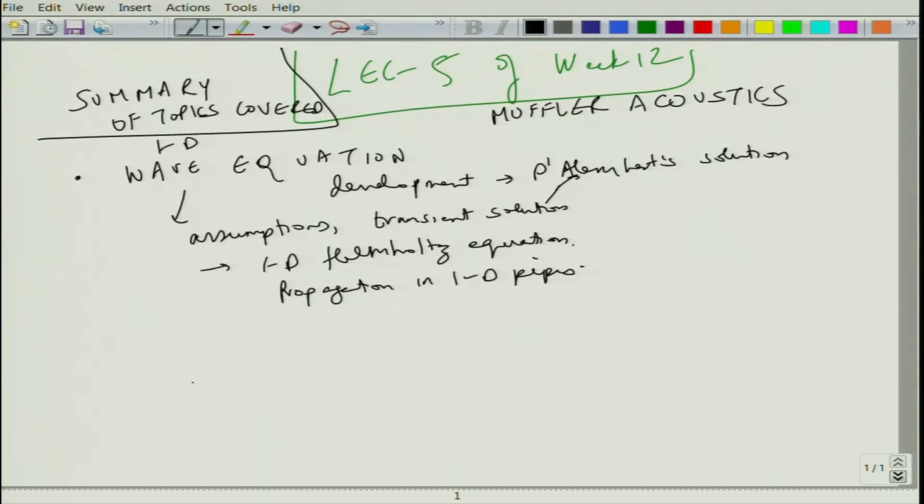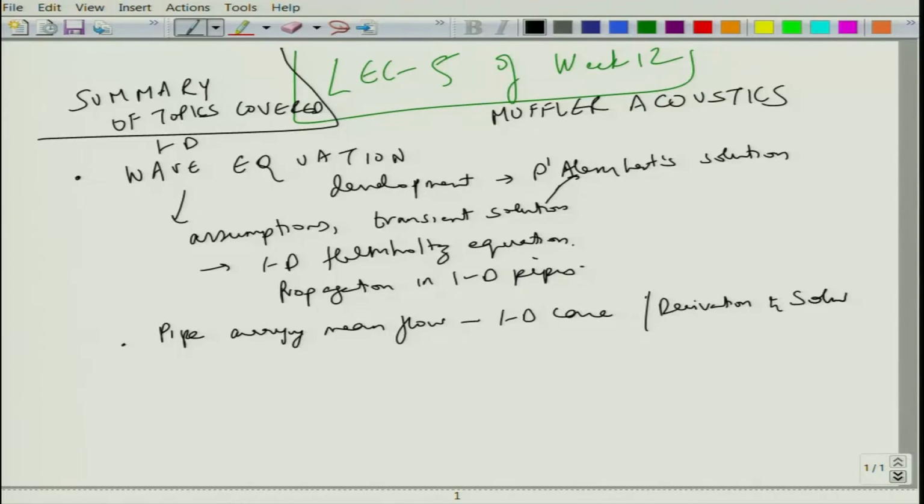Then we introduced a pipe carrying mean flow, and the 1D case for that we covered. All those things helped us in later parts of the course when we did the perforated tube analysis, where we defined the aeroacoustic state variables. So we did the derivation and solution.